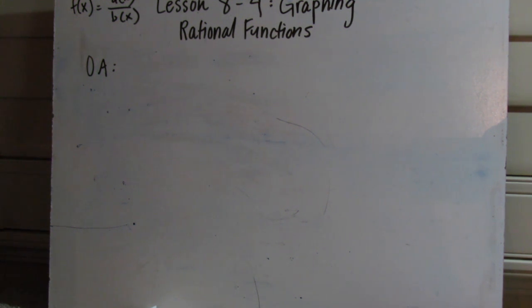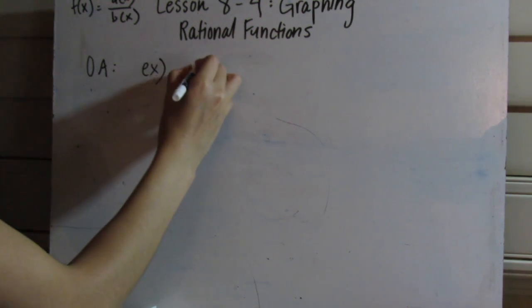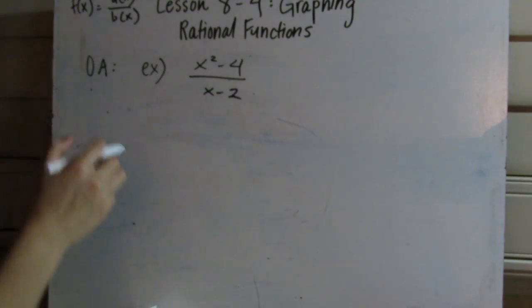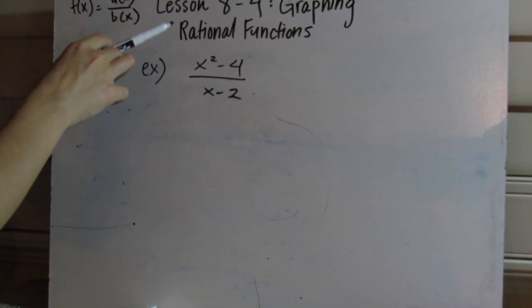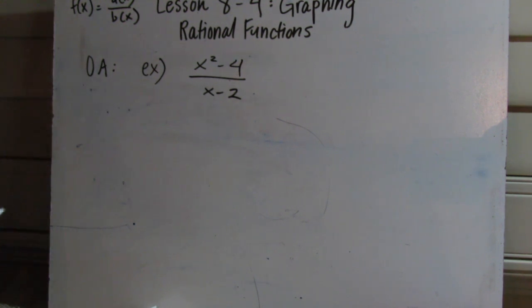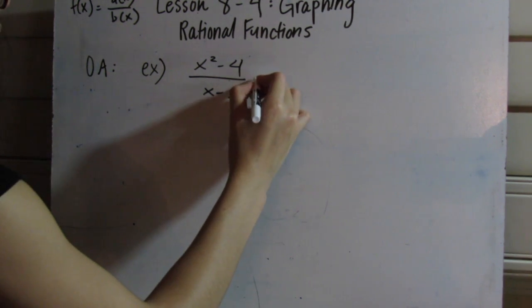The third kind of asymptote is an oblique asymptote, and it basically is just a slanted asymptote. This happens if the degree of a of x is greater by exactly 1 degree than the degree of b of x. So for example, your function is x squared minus 4 over x minus 2. The degree of a of x, which is 2, is 1 greater than the degree of b of x, which is just 1. In order to figure out what your oblique asymptote would be, you need to simplify first.